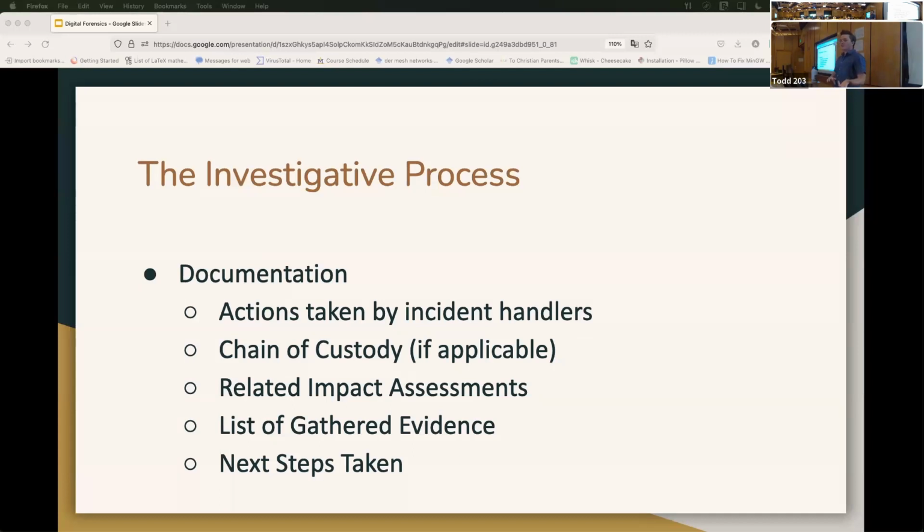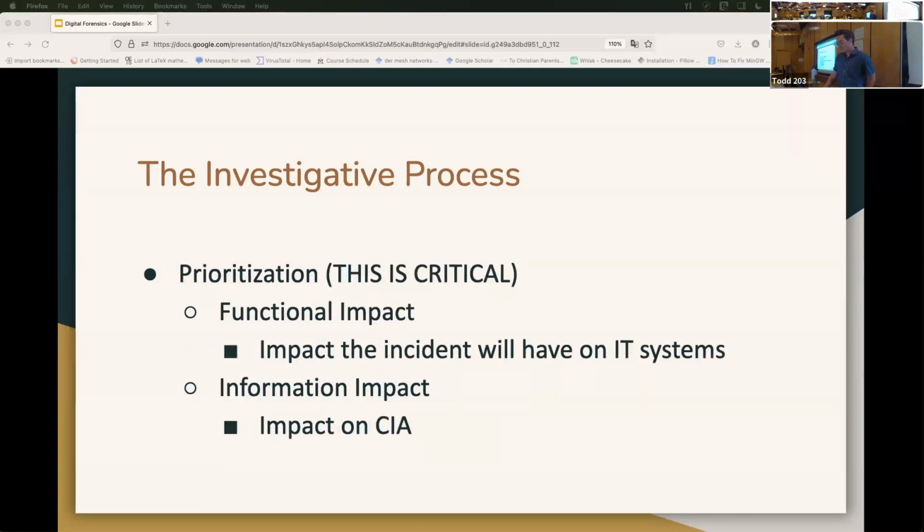So whatever the consulting group is or the people conducting the forensic analysis, they're going to have processes in place to make sure that they are fully compliant. And yeah, all of these things are also going to be in our documentation.